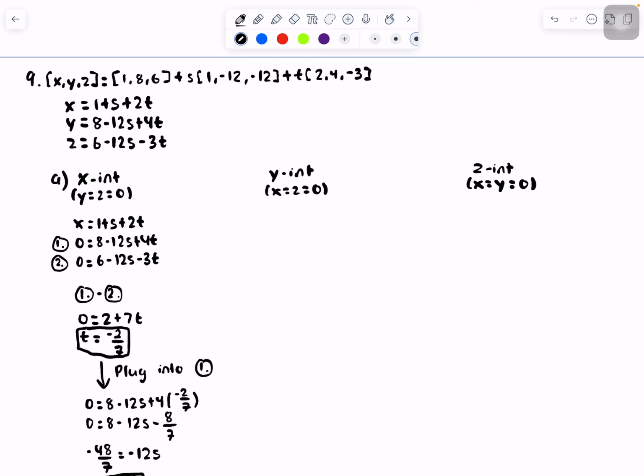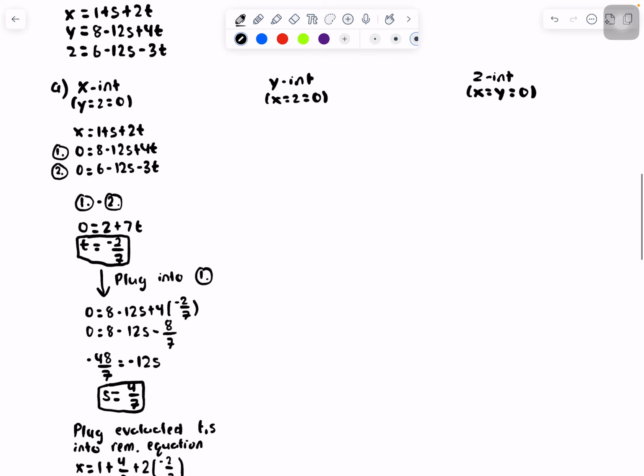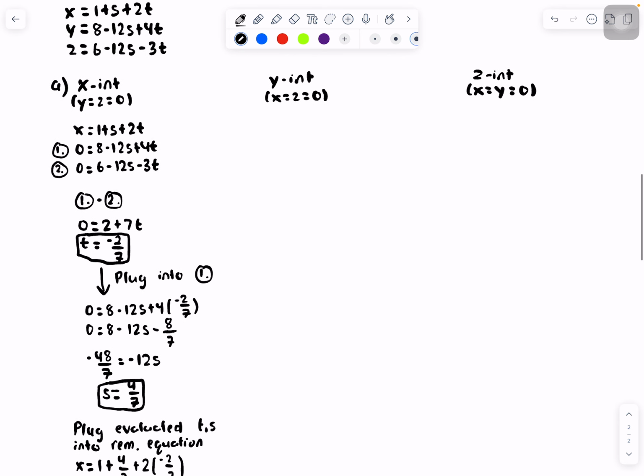Let's find the y-intercept now. You can tell these questions are quite long. This video's length is already exceeding quite a long time. Sorry about that. So x equals 0, y equals 0.